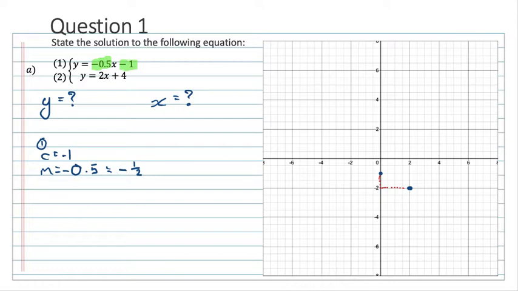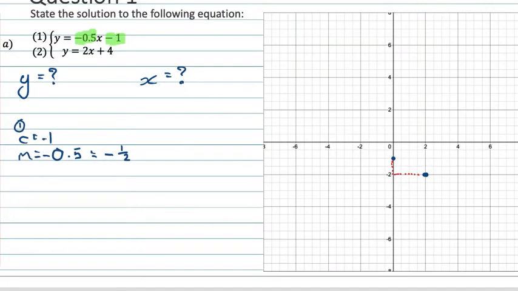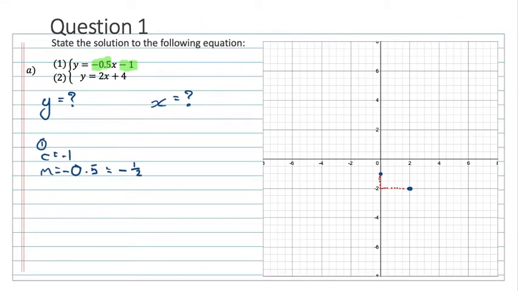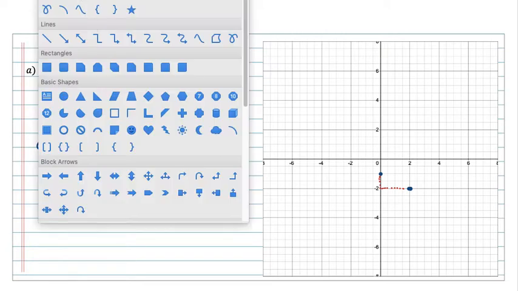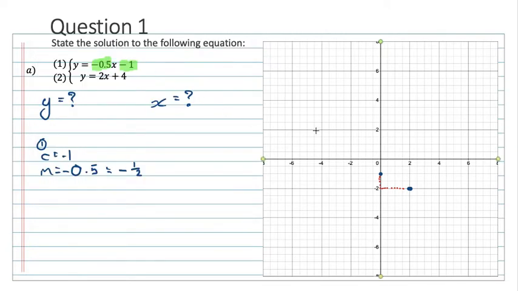Now if I get my ruler, where's my ruler? Here we go.